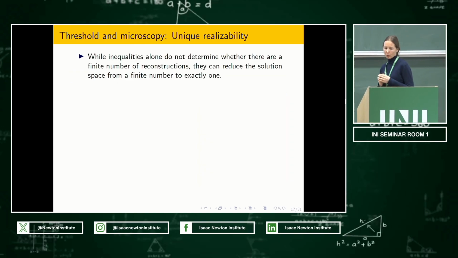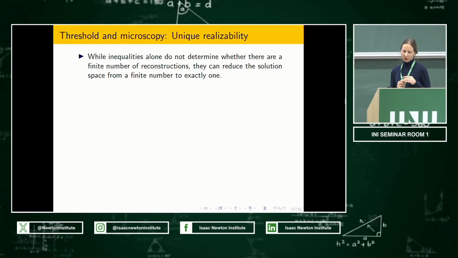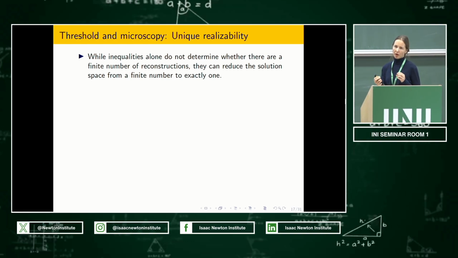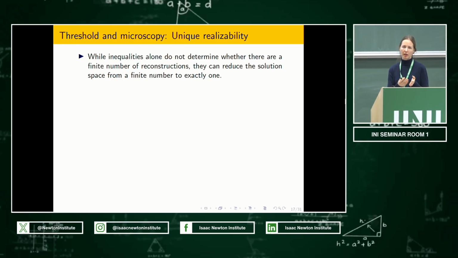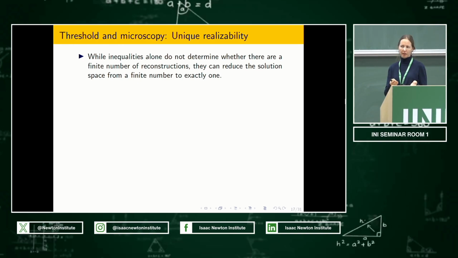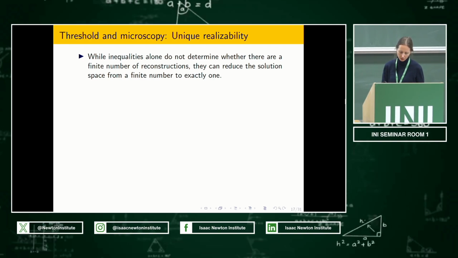While inequalities alone do not determine whether there are a finite number of reconstructions, they can help to get us from finitely many to one reconstruction. Okay, so equalities are needed to get finitely many reconstructions, and then inequalities can further get us down to one reconstruction.